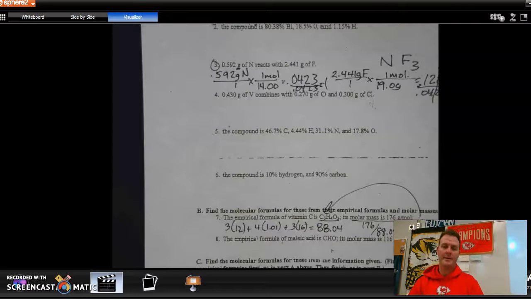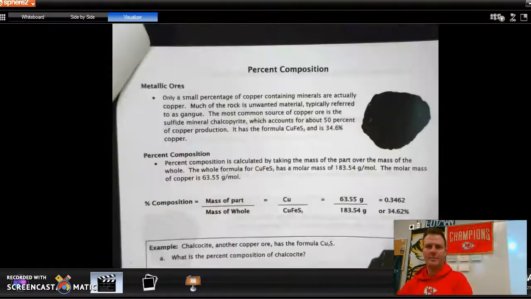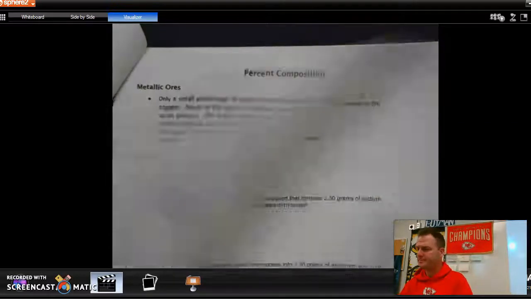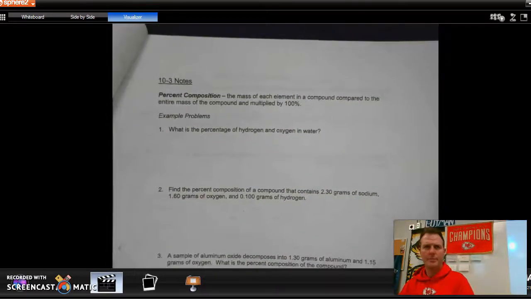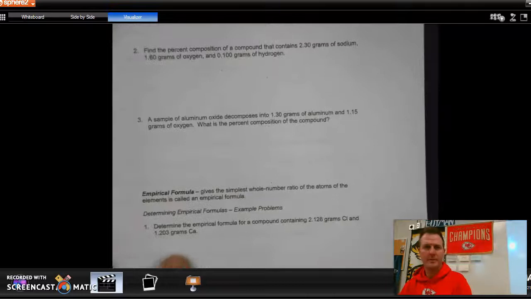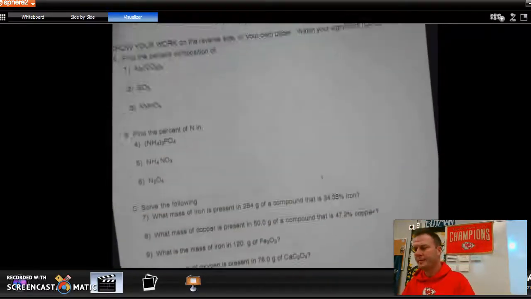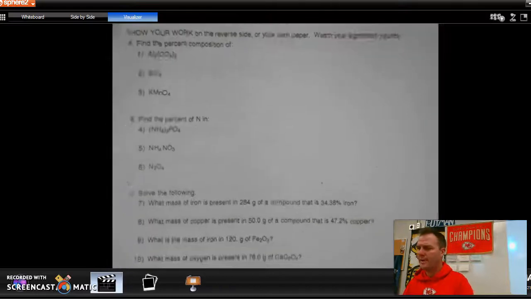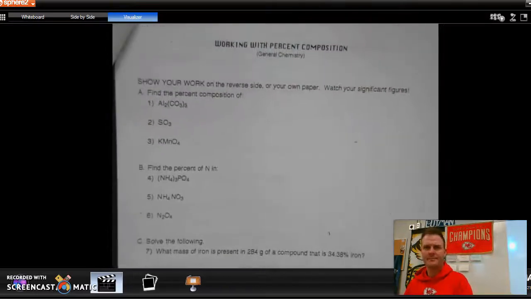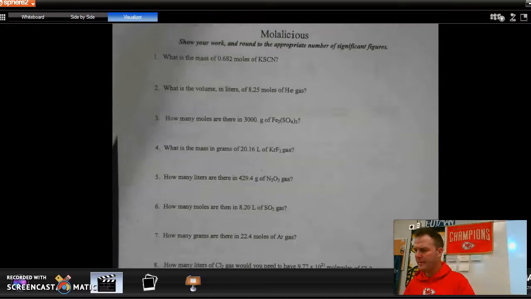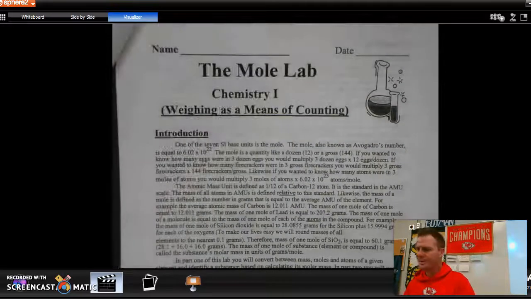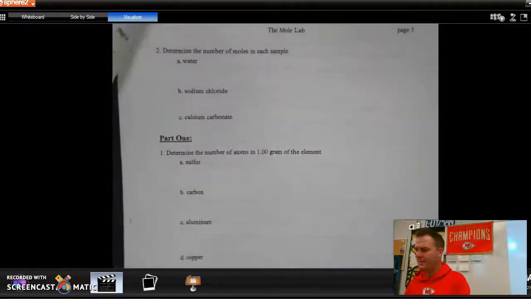If you look in your packet, you still have percent composition problems. You can do more percent composition problems. Here at the bottom is an empirical formula problem. There's some more working with percent comps. We already did Molalicious. We already did the lab.